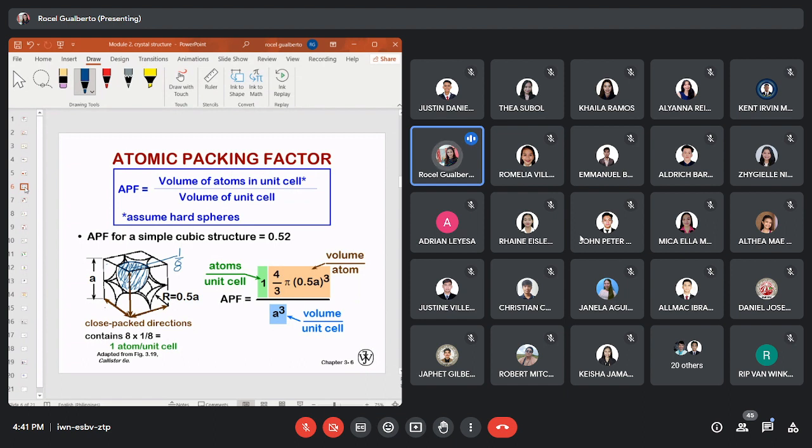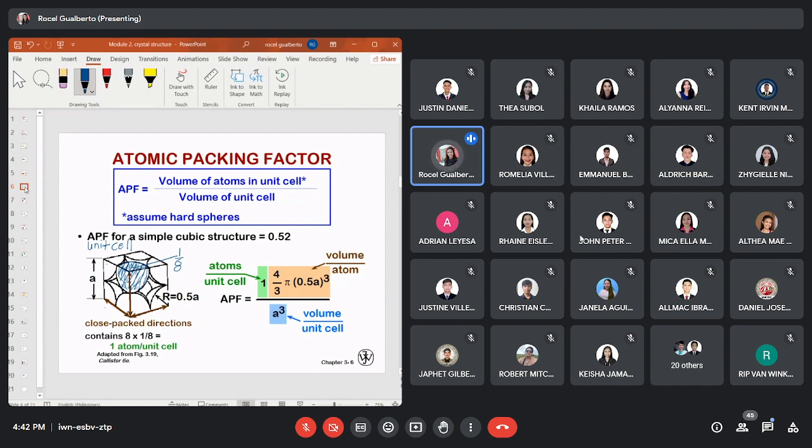Okay? Yun po, kumbaga po, nabahagi na yung atin na sphere. Kasi nga po, nag-cut tayo ng isang cube galing po doon sa arrangement. Okay? So, ito pong cube na ito, we call it a unit cell.